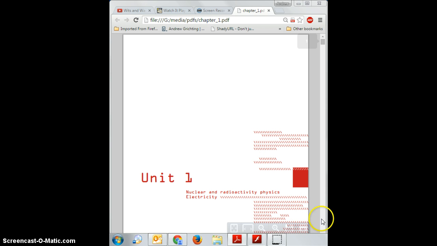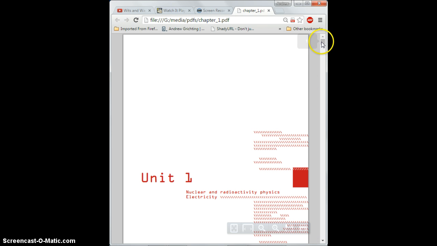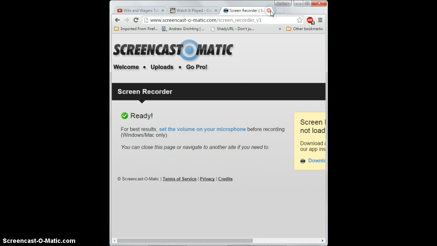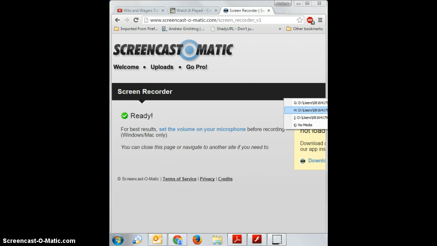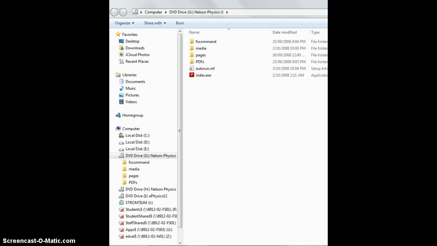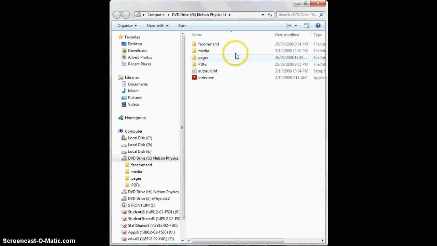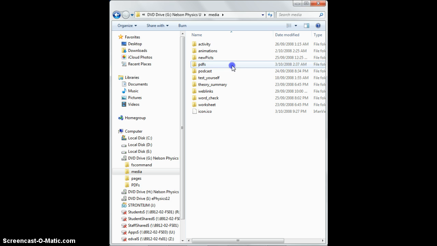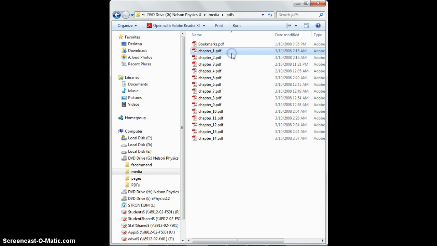Okay, so I'm going to go down now. It seems to be working very slowly for some reason. Well, I might just open it up a different way, I think, because that's being difficult. So I will go and open up the PDF file instead. I'm going to browse the CD. You can see me going and fetching it down here on the media, PDFs, chapter 1.